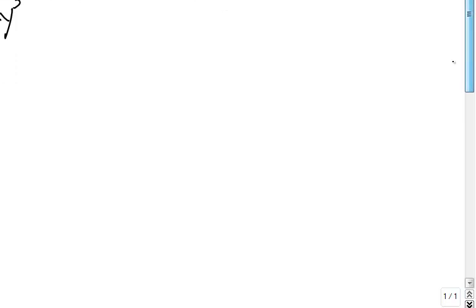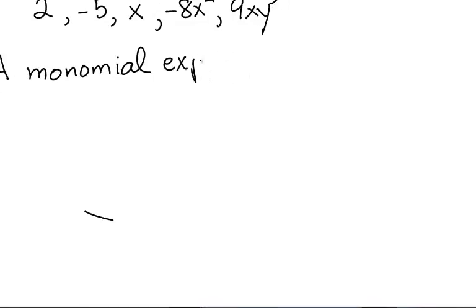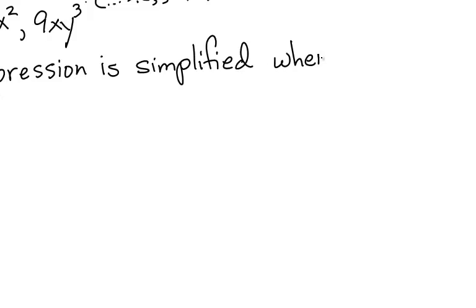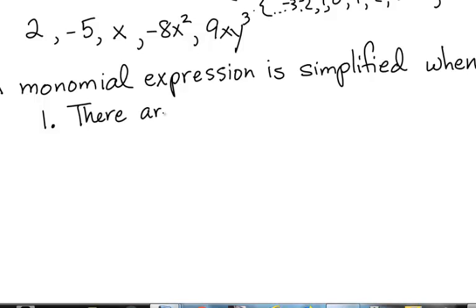Then the author also goes through when are they simplified, when it says to simplify a monomial expression. So a monomial expression is simplified when, and then put a colon. Okay, these four things. Number one, there are no powers of powers.